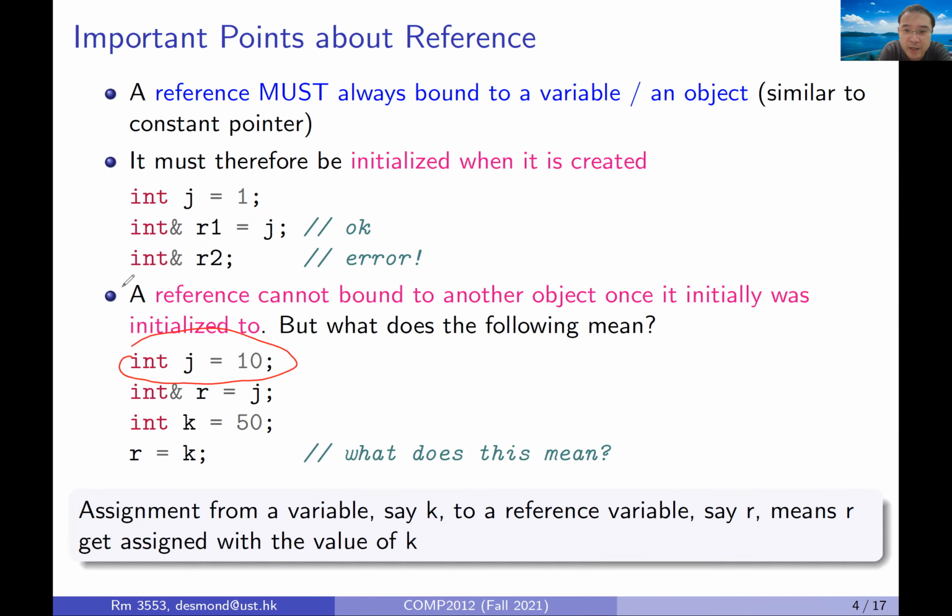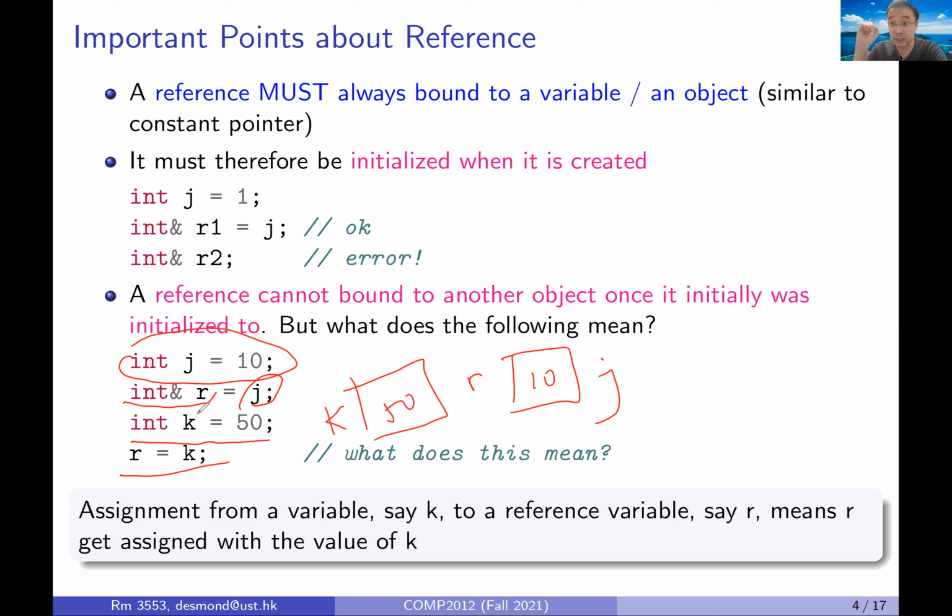Int j equal 10. Define a nickname R and bind it to J. One more variable. Int k equal 50. Okay, R equal K. Everyone, many of your seniors thought that we bind the nickname to K now.